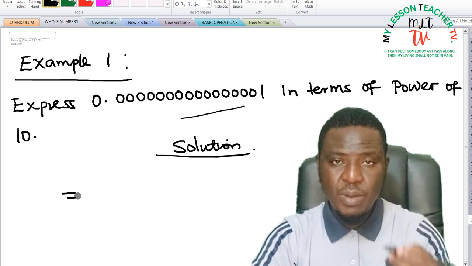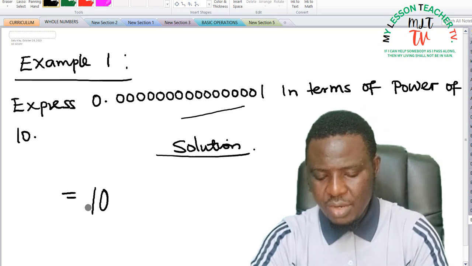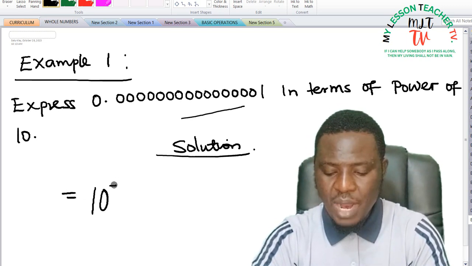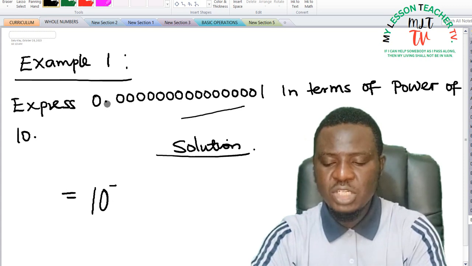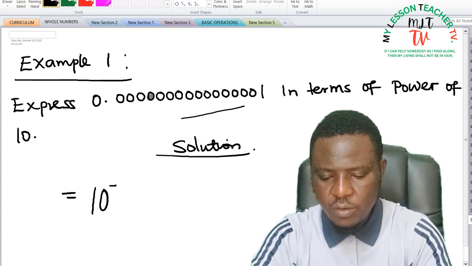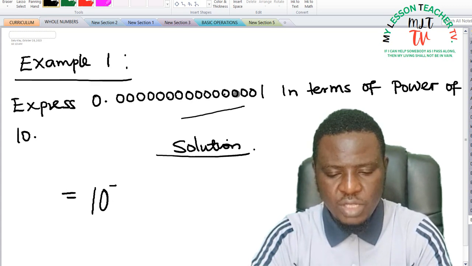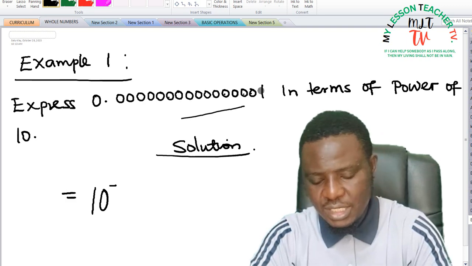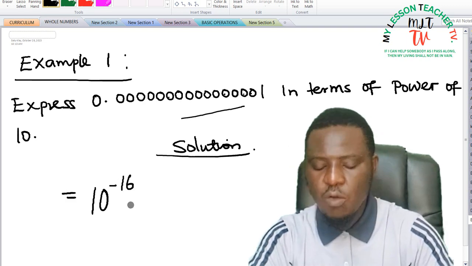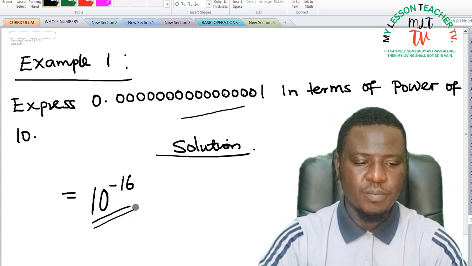Remember what I said at the last example, it is going to be 10 raised to the power of minus the number of digits you have after the decimal point. So counting 1, 2, 3, up to 16, this is going to be 10 raised to the power of minus 16 as your answer.